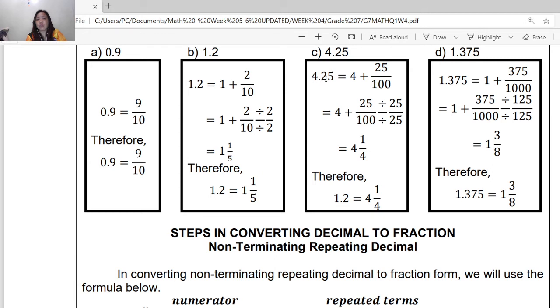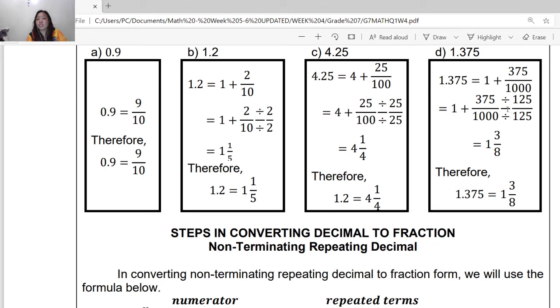How many places did you move to the right? 2 places, so you will add 2 zeros. But since both numerator and denominator can still be reduced by the greatest common factor, which is 25, we have 1 over 4, since 100 divided by 25 is 4, retaining the whole number 4.